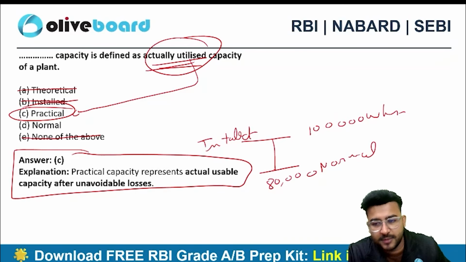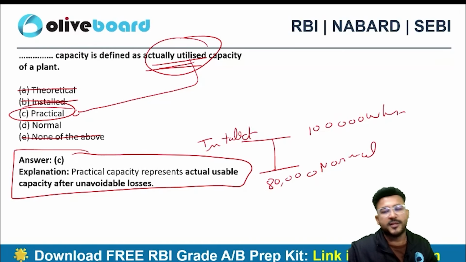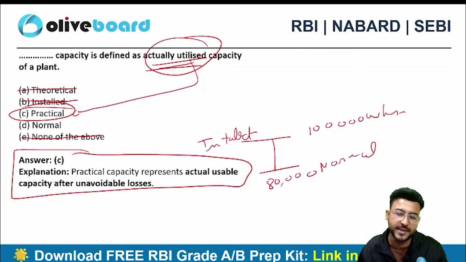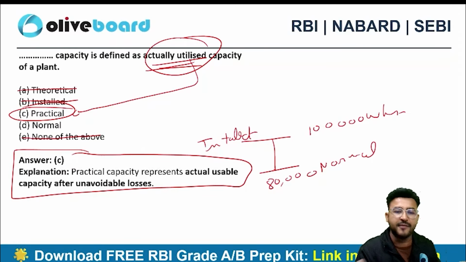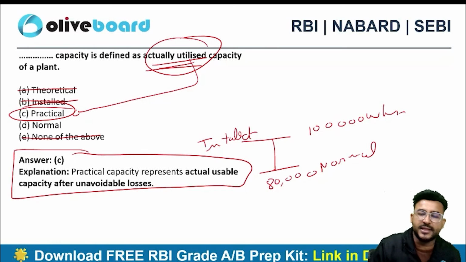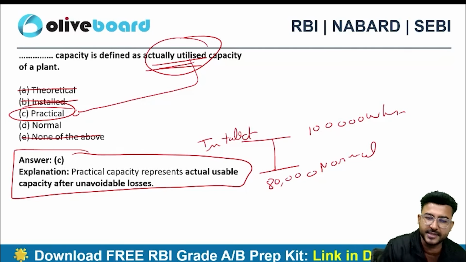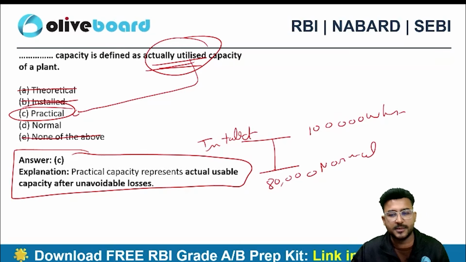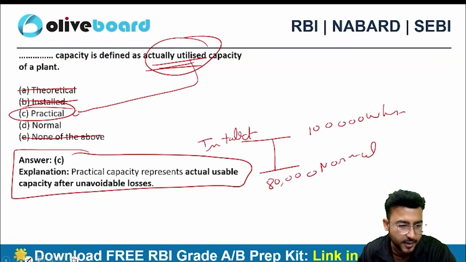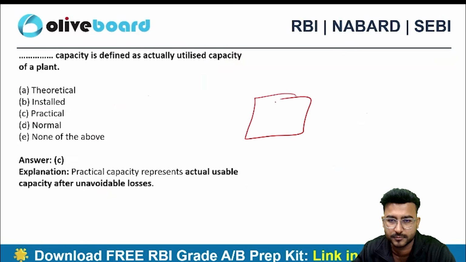The difference between normal and practical capacity is nothing but the difference between normal and actual capacity. Now my normal capacity this year was 80,000 units, but actually I have just utilized 70,000 units. So that becomes my practical capacity or my actual capacity. What is installed capacity? Let's suppose I bought machinery which can produce a maximum of 1 lakh units.